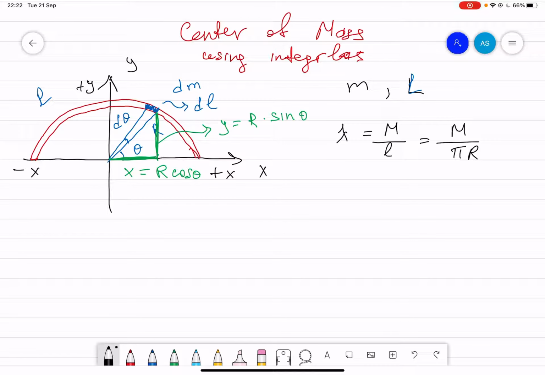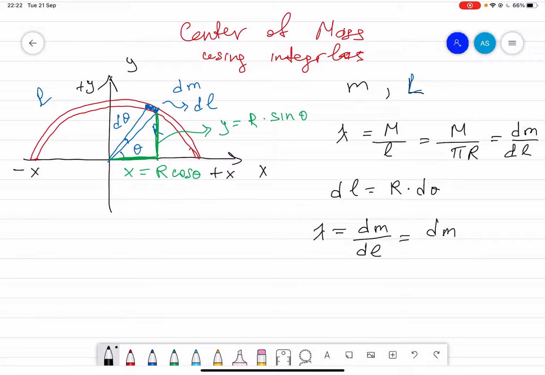This is also equal to dm divided by dl, a very small mass divided by a very small length. Now, dl is equal to r d theta, so we substitute: dm over dl equals dm divided by r d theta.